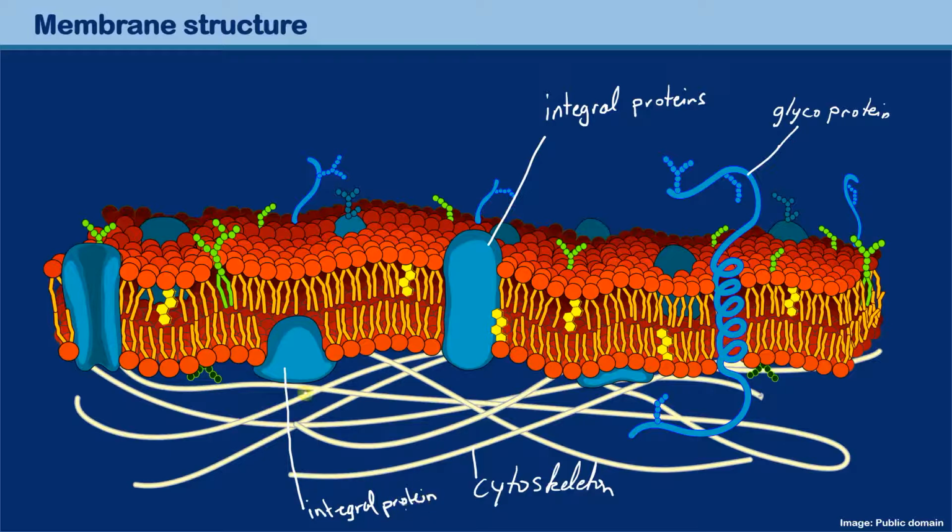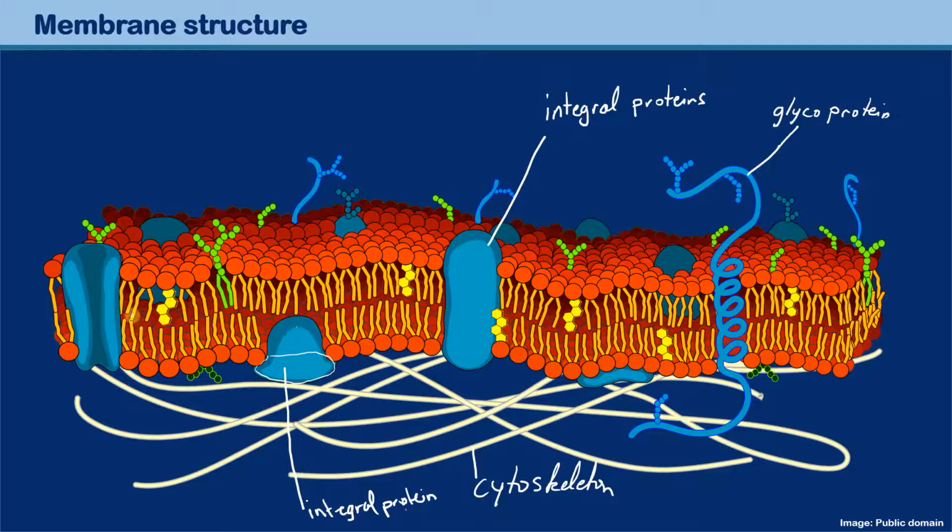And I think it goes without saying that, of course, on the outside over here, this part is hydrophilic. The inside part over here is hydrophobic because it's next to the hydrophobic middle part of the membrane. And this protein over here should also look familiar right now. It's a channel protein specifically. And this one is also an integral protein, of course, because it is embedded in the phospholipid bilayer.